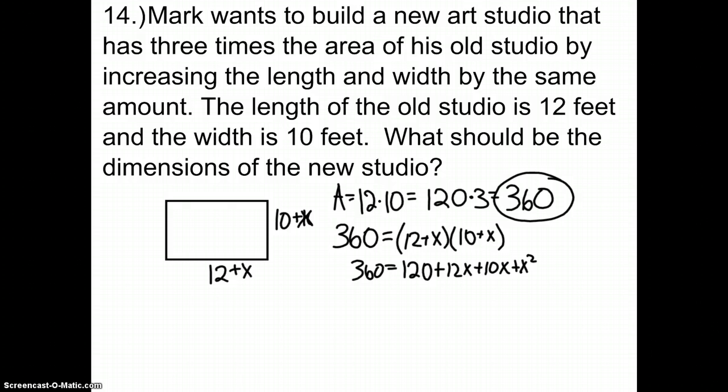And now we want it equal to 0, so we can subtract 360 and combine the like terms, as well as putting it in standard notation. We have 0 equals x squared plus 22x minus 240.